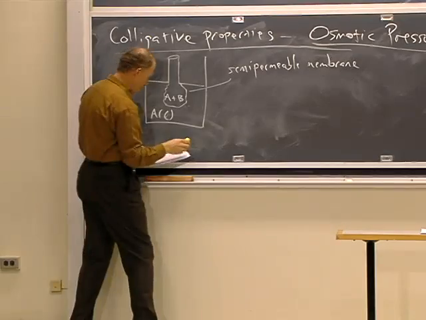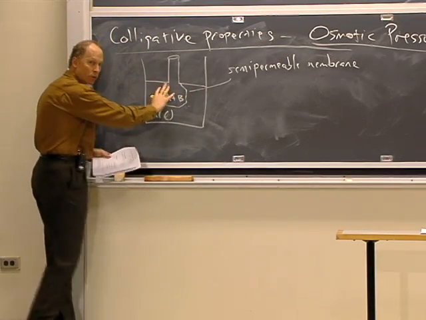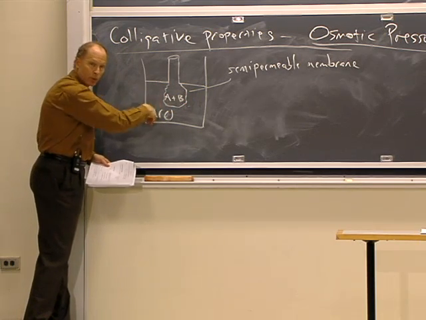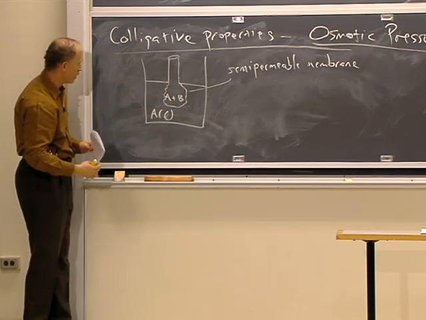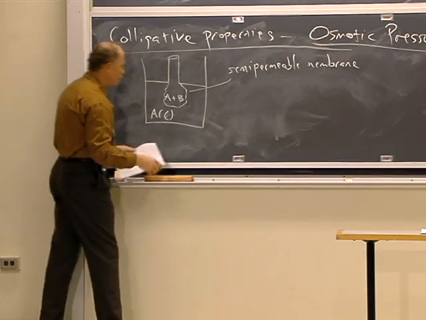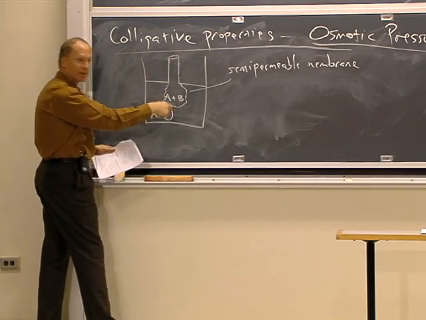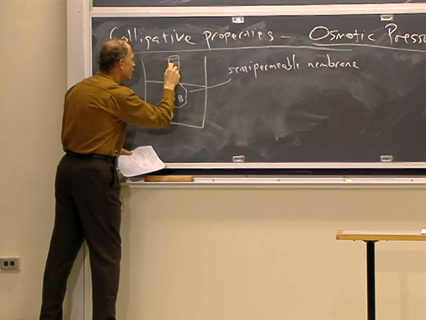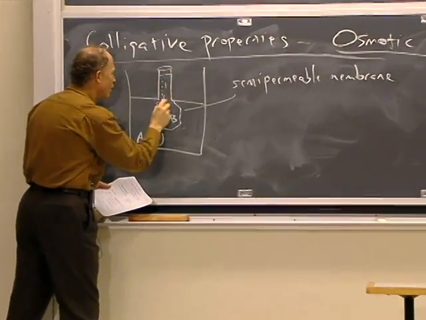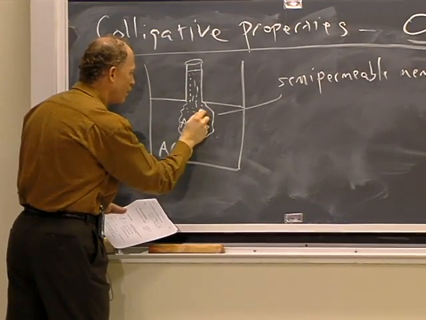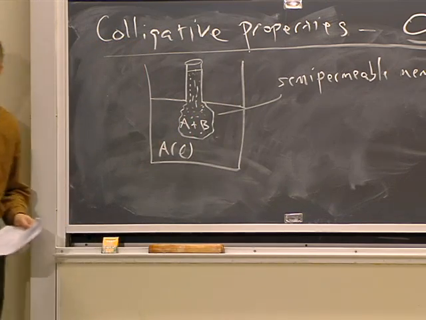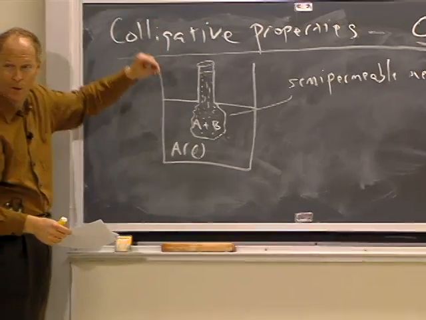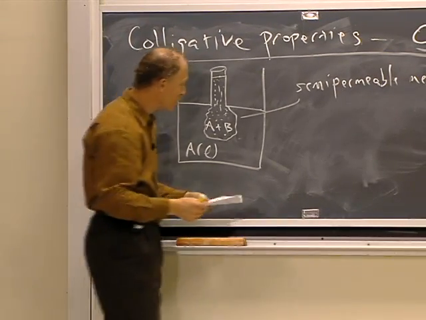And then there's some level of the liquid outside the container. Of course, A can pass through the membrane. And so what ends up happening is, if you just look at the situation, what you immediately notice is that the liquid in here goes up higher than the liquid around it, right? It's at a higher level. It seems counterintuitive at first, and in fact it can be enormously higher. But that's what happens, right?